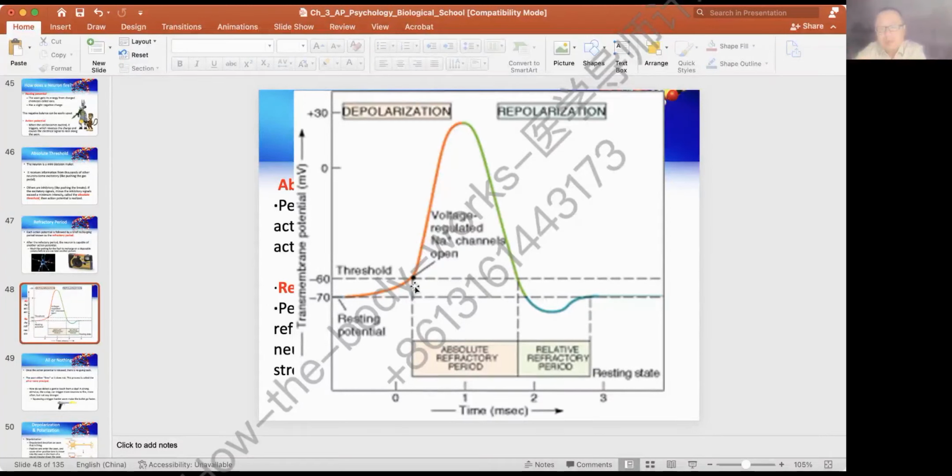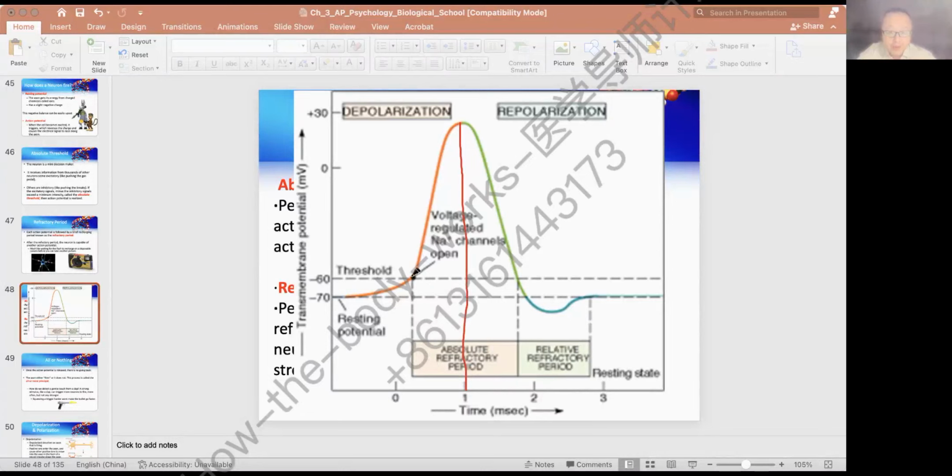Maybe less than 1 millisecond, right? You can see from minus 60 MV to positive 30 MV, the time is less than 1 millisecond, very quickly.